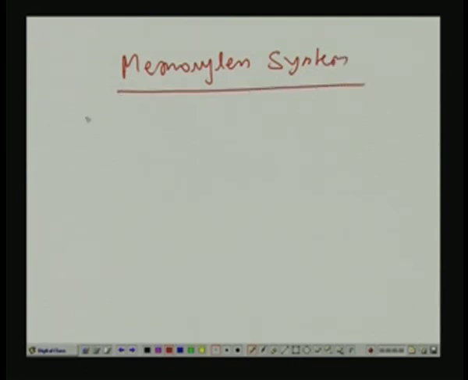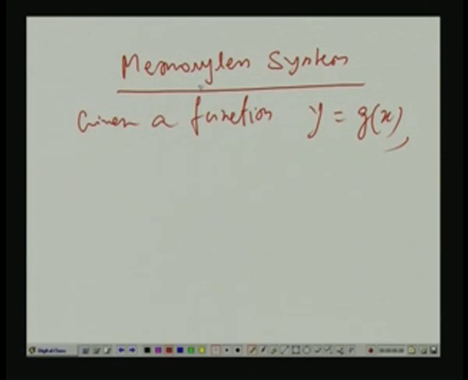That is, suppose given a function y equal to g(x), that is, give any value for x, we find out y. This memoryless system will be given by y(t) equal to g of x(t).